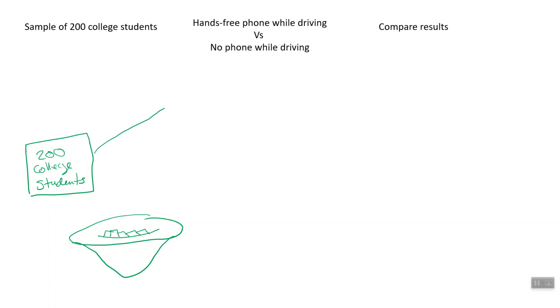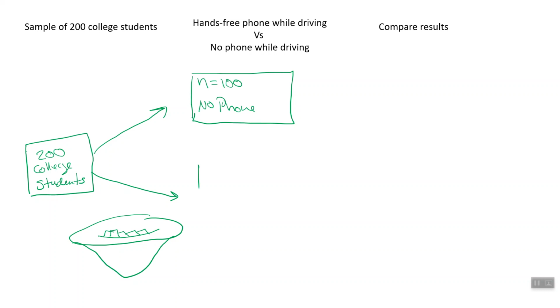And I think I'm going to go with that method. All right, so let's see, we're going to have the no phone group, and the size in this will be 100. And in the other group, we will have the other 100 people. I'm just going to call this the phone group.